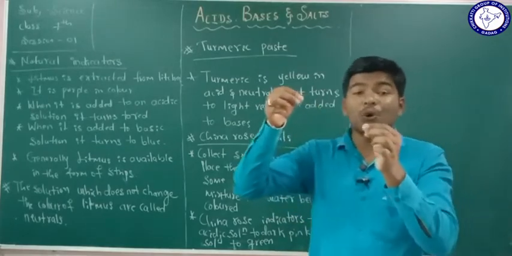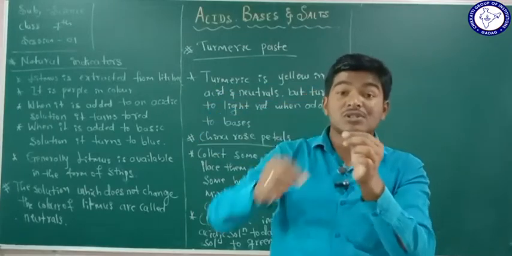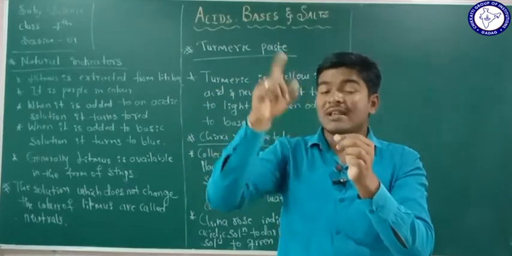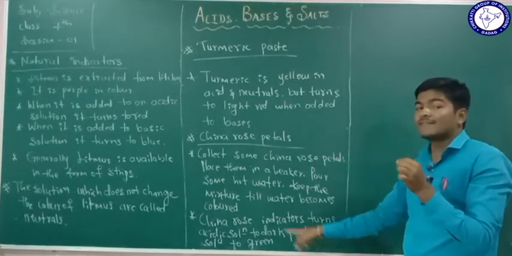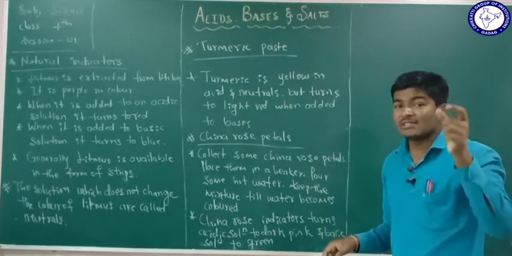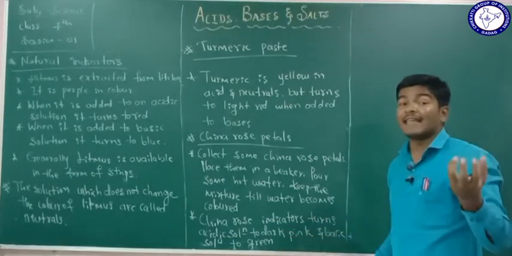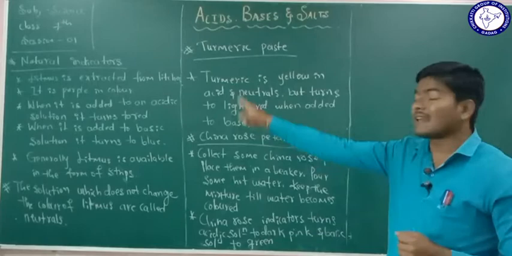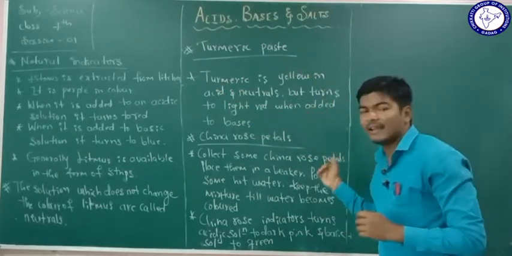When you add the China rose indicator to the orange juice or lemon juice, the color of the juice changes to dark pink. If the color of the solution changes to dark pink, then the given solution contains acid.